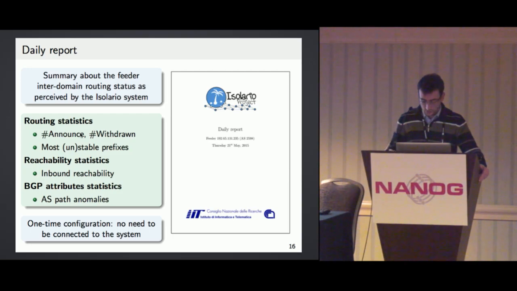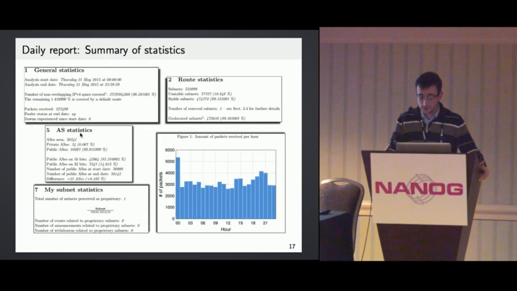So, for example, you can see in the document information about the reachability of the whole IP space from the perspective of your routers. You can see information about the stability of routes, which are the most stable and unstable routes, and also information about the routes containing anomalous BGP attributes, for example, routes containing loops in the autonomous system path or private autonomous systems.